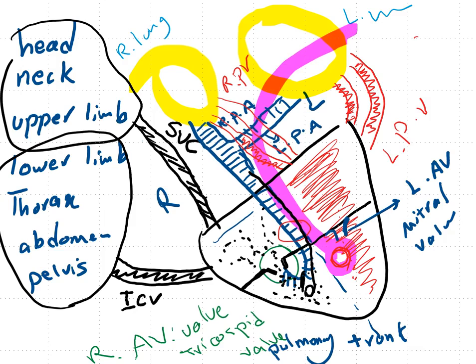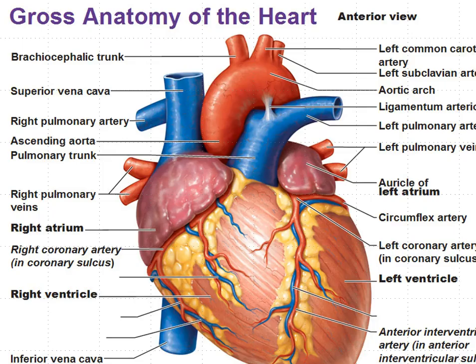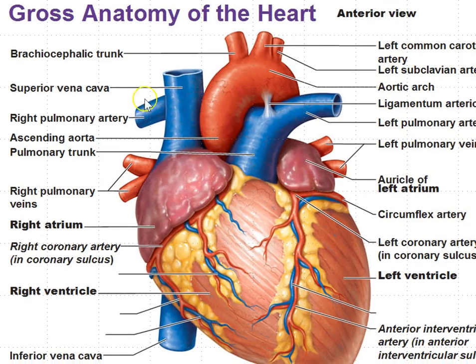But let's look at this picture. This is a picture of the heart where you can see the external surface. This is the anterior view. In the anterior view you can see this part is called the right atrium, then we have the left atrium.